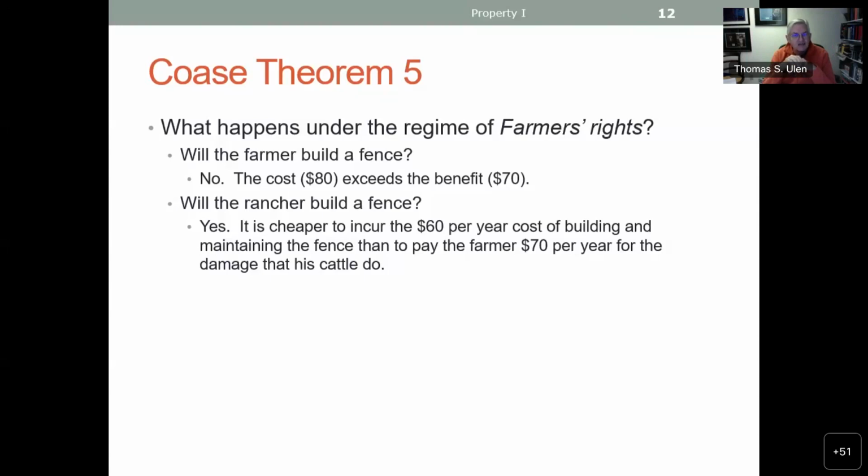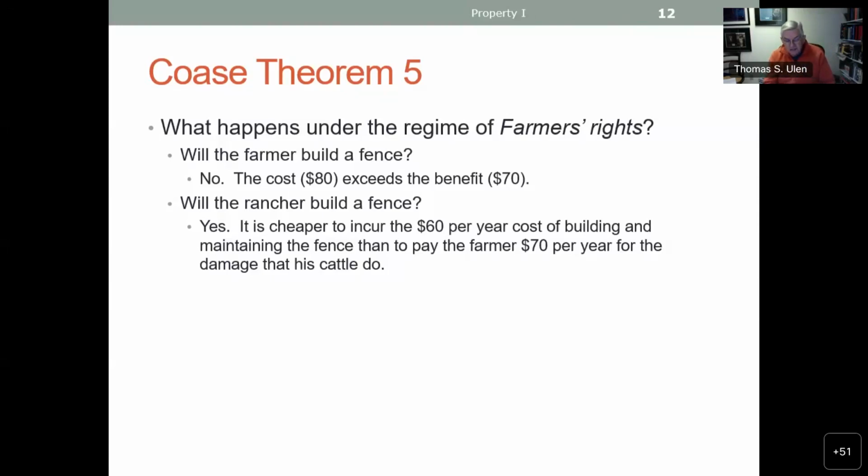We're going to get the efficient outcome. And the efficient outcome here is that the rancher builds the fence. Why is that efficient? Because he's the most efficient builder of a dividing device, the fence, that prevents the $70 per year of damage. Okay, let's look at the next regime.